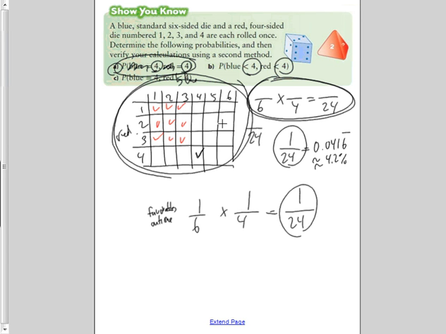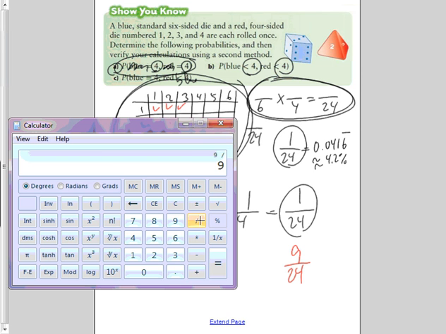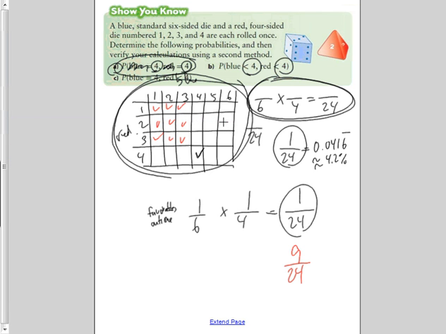So how many of those? Those are 9 out of 24. Agreed? So there's 9 chances out of 24 that you will roll a number on the blue dice less than 4 and a number on the red dice less than 4. 9 divided by 24 is 0.375. And as a percentage, I won't put approximate, it's exactly 37.5%.